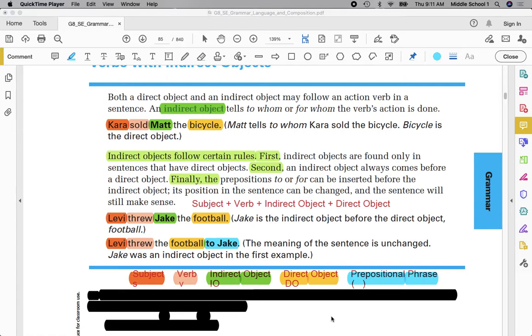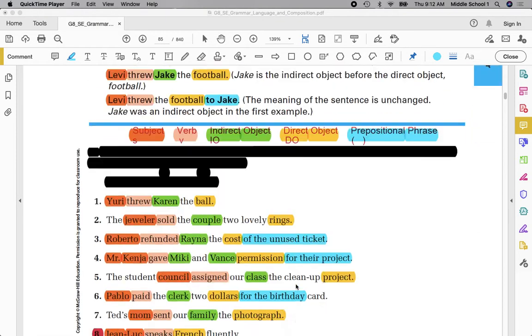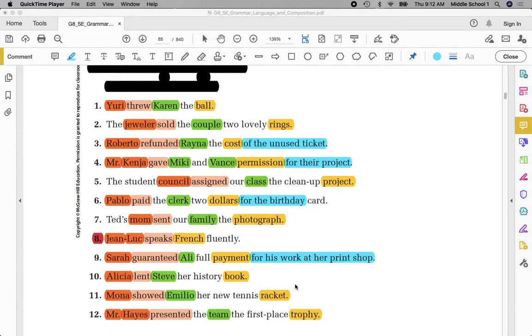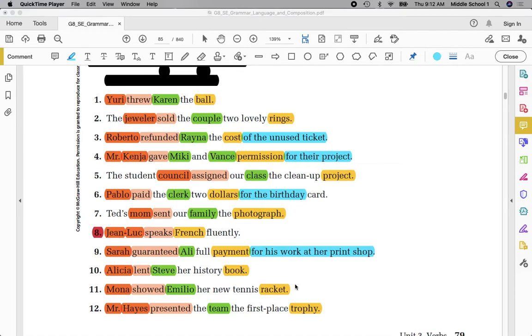Again, someone asked, can I use my crayon or colored pencil? Absolutely. You can lightly just shade over the top of the word. That's perfectly fine if you don't have different highlighters, or label them, whatever works best for you. We're disregarding any directions that are printed here, and we're simply going to follow these as we go through these 12 examples on page number 79 for lesson number 15.